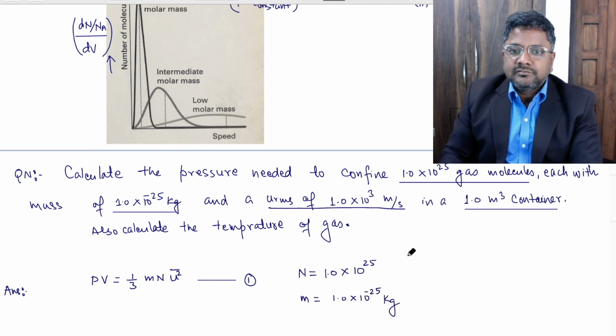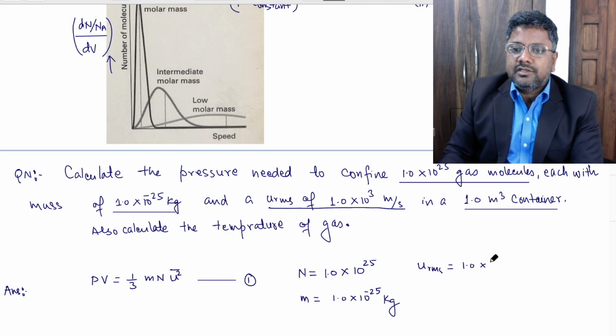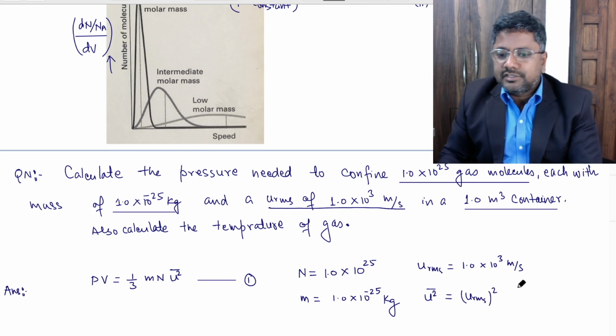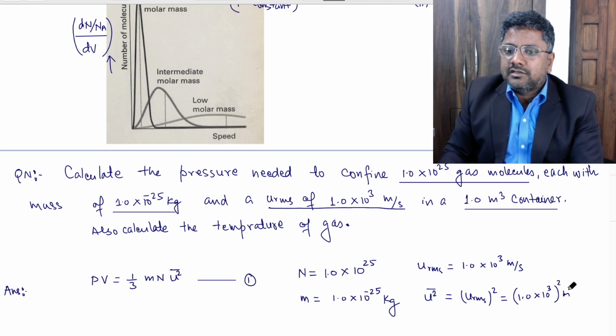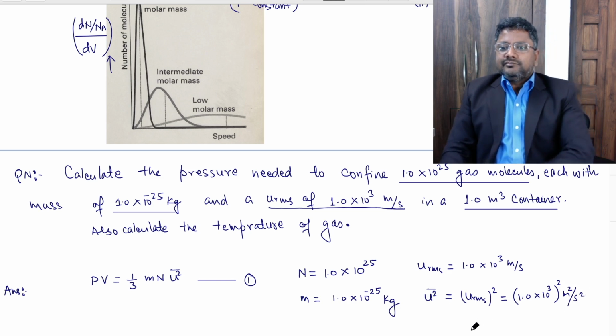And U RMS is given, that is 1.0 into 10 to the power 3 meter per second. So we can calculate U bar square. This is equal to U RMS square, so this is equal to 1.0 into 10 to the power 3 whole square meter square per second square, right?